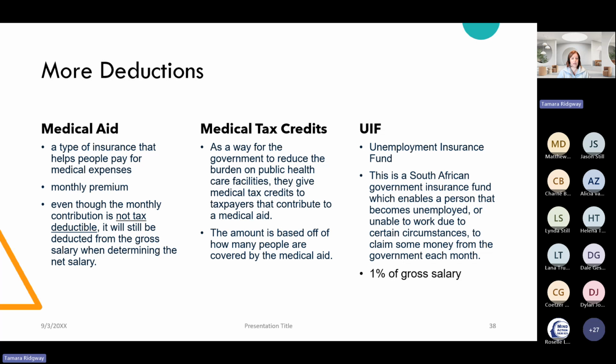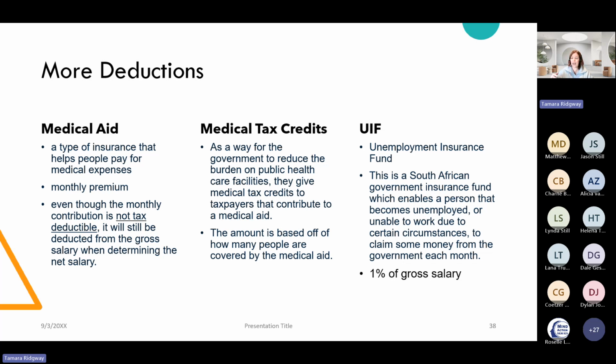It's a monthly premium. And even though the monthly contribution is not tax deductible, it's not one of those three things that we spoke about, it will still be deducted from your gross salary when determining your net salary.